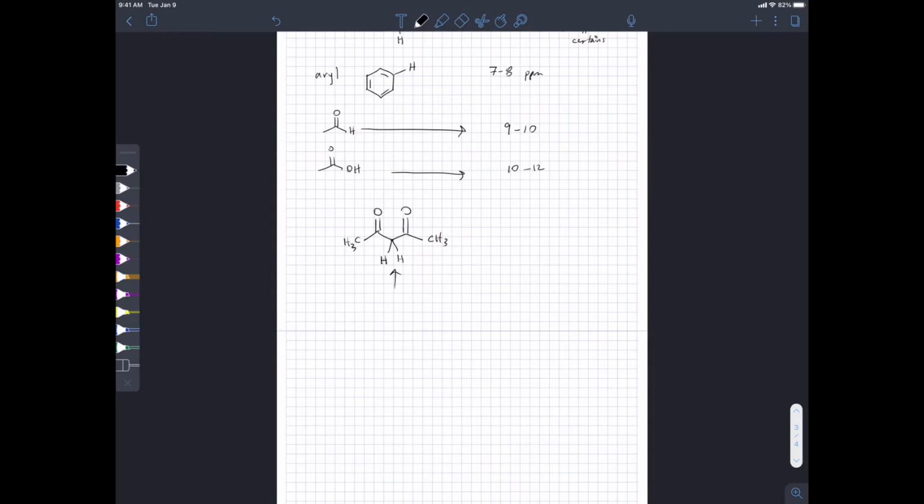But you would expect the ones that are alpha to two carbonyls to have higher chemical shift than the two methyl groups. The two methyl groups, you'd expect chemical shifts around 2 to 2.5 because they are alpha to a carbonyl. The ones in the middle would experience both of those effects. And they are, to some extent, additive, but making that kind of detailed analysis will be beyond the scope of this class.